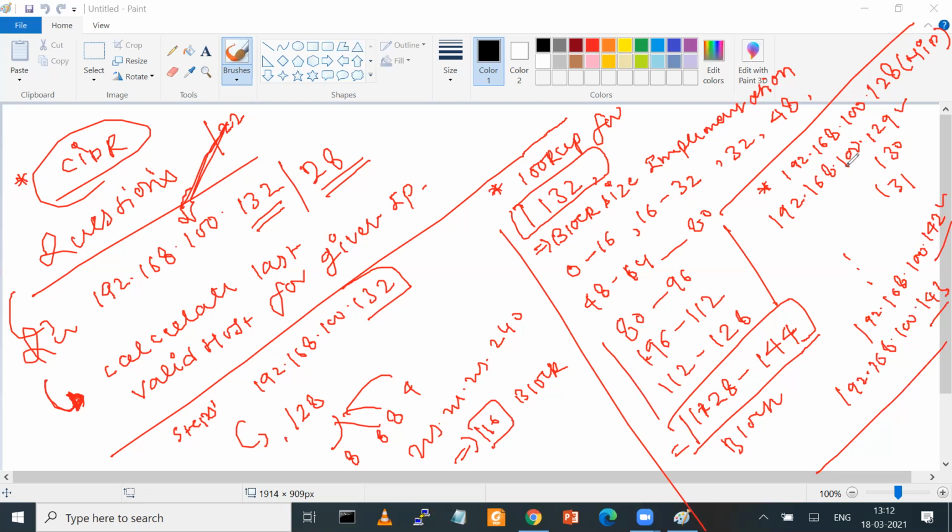If you get CIDR questions where they give a random IP and ask about the first valid host, broadcast IP and so on, this is the way to calculate it. This is the actual method of calculation.